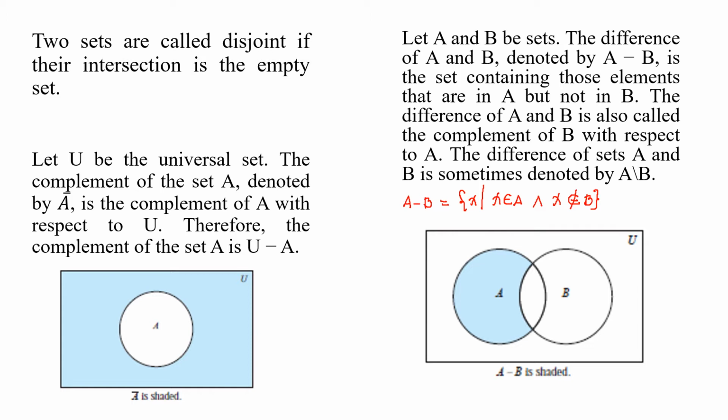For example, if you have a set A containing the vowels of the English alphabet, then the complement of set A would be all the letters that are not vowels, which are the consonants. So that's an example.